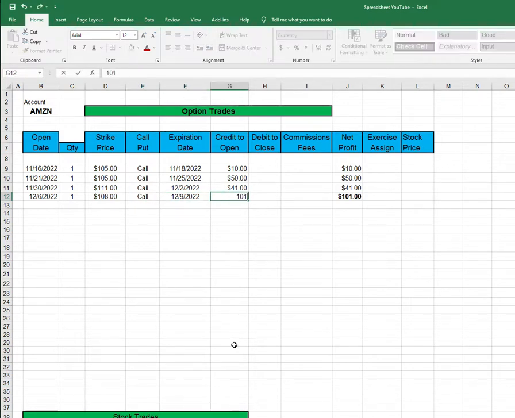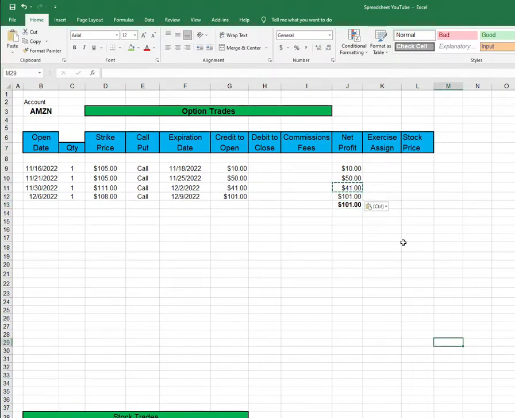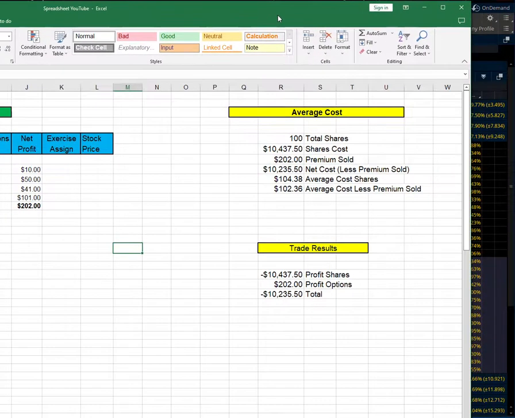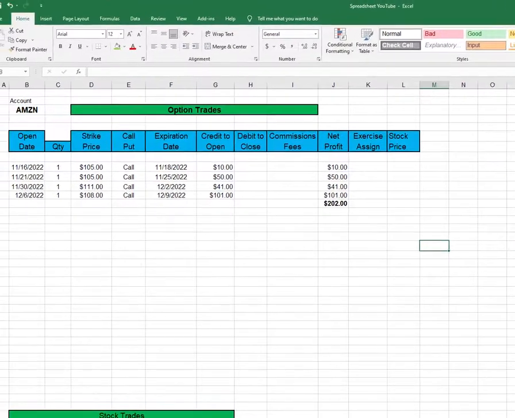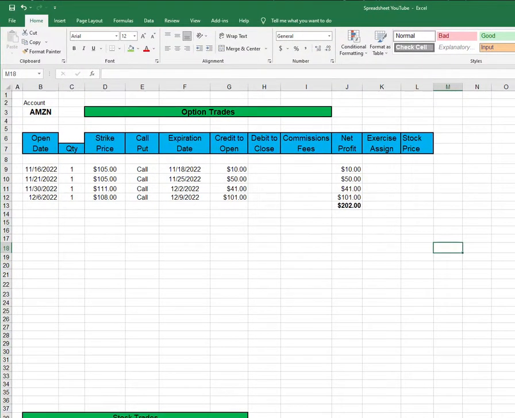And we got $101 for that one. And we'll auto sum this, and that's going to put our total premium up, I believe, to $202. Yes, indeed. So we'll bring this over now, and we've reduced our average cost down to $102.36. So we've taken our average cost down $2.